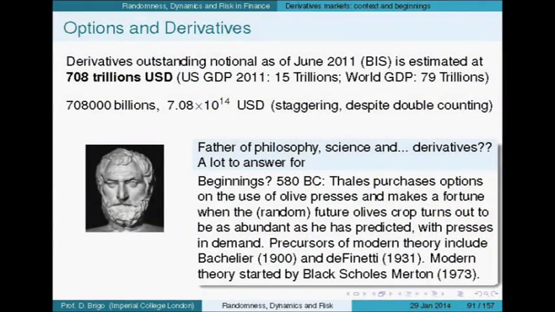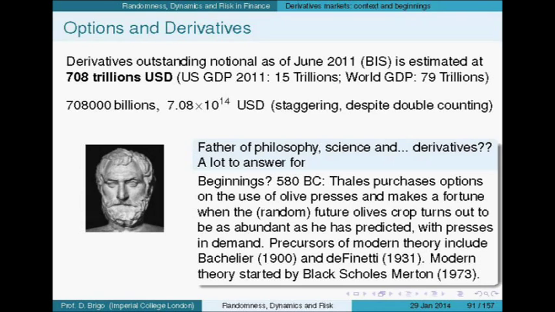So who started this? And actually we see a familiar figure here. It's Thales, who is considered to be the father of philosophy, the father of modern science by many. And now we're also finding out he is the father of derivative trading. So he really has a lot to answer for. In 580 BC, he optioned the use of olive presses because he had predicted that the olive crop would be fantastic that year due to meteorology and a number of factors.